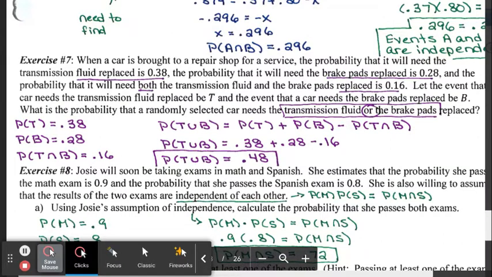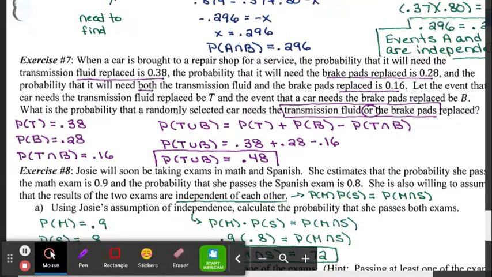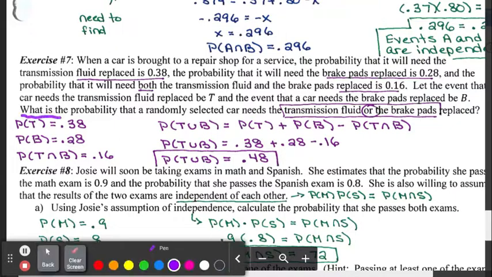So take a minute, read question 7, pause the video, and then come back after you've read it. So our question is, what is the probability that a randomly selected car needs the transmission fluid or the brake pads replaced? We're looking for an or probability, which means we're going to use the addition rule. The probability you need your transmission fluid replaced is 0.38.